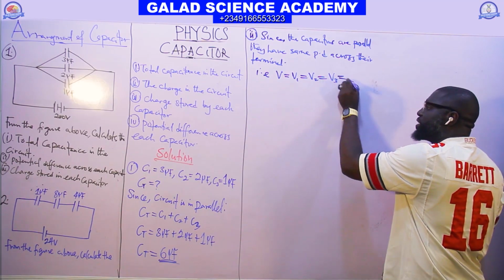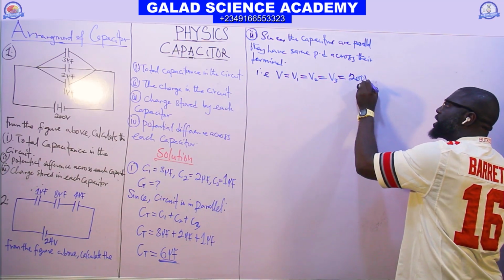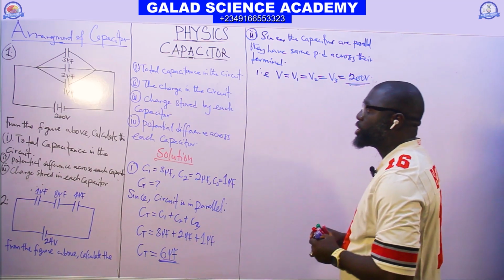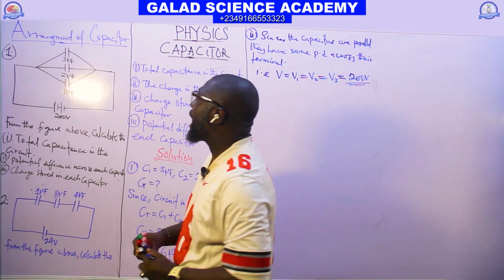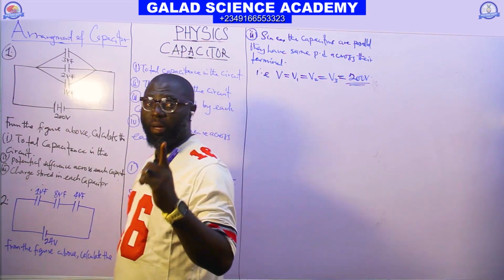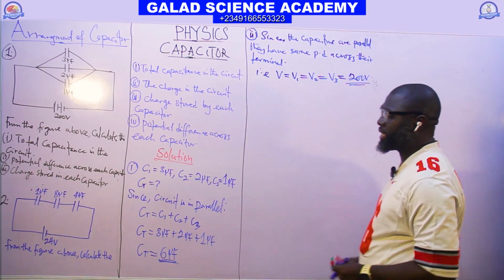The potential difference given there is 200 volts. There's no need to disturb ourselves again. Whenever the capacitors are arranged in parallel, the same voltage passes through them. So let us now move to question number 3.